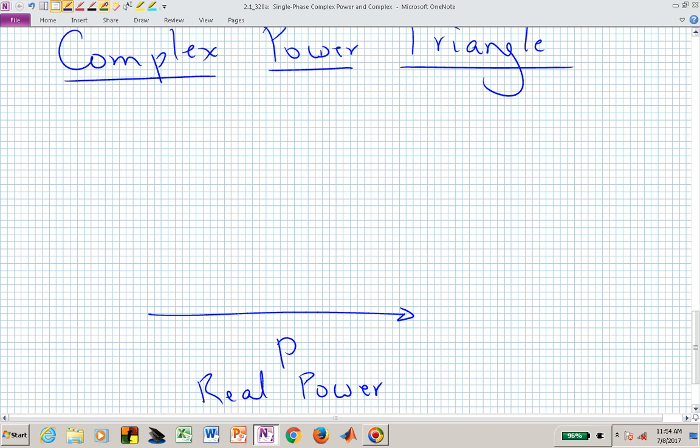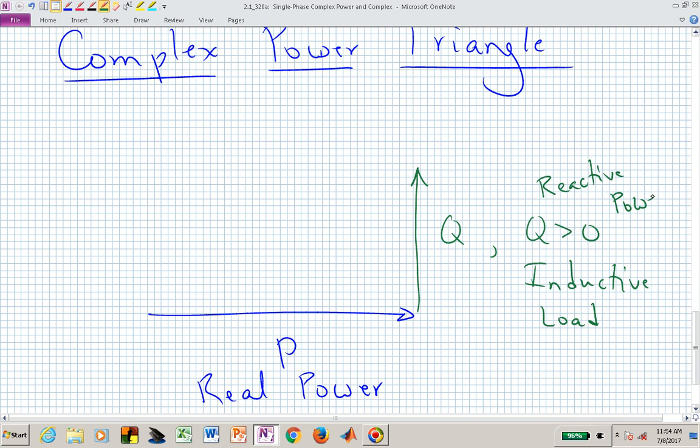We then have the reactive power, which we're labeling as Q. In this particular triangle, let me let Q be positive, which would be associated with a load that was more inductive. Here is our reactive power, which is 90 degrees different from our real power. So now we're going in the j direction.